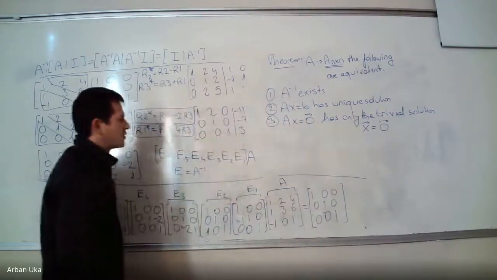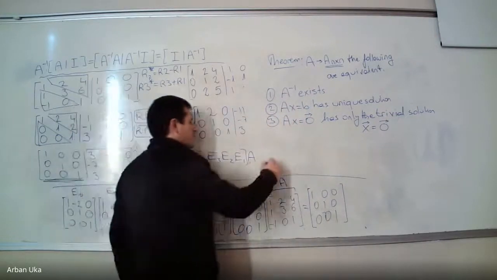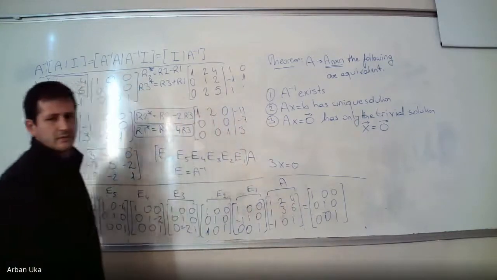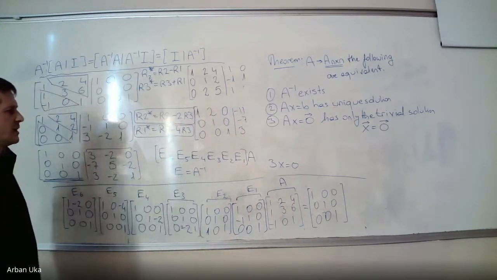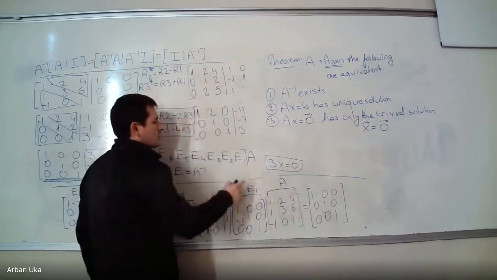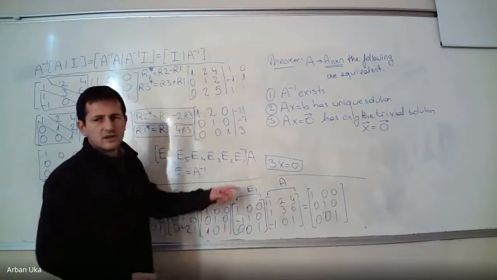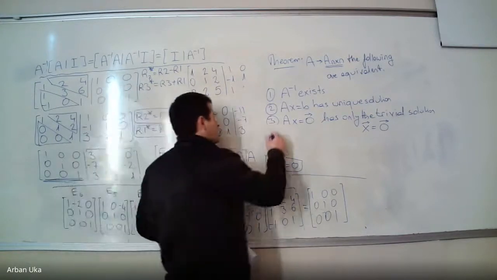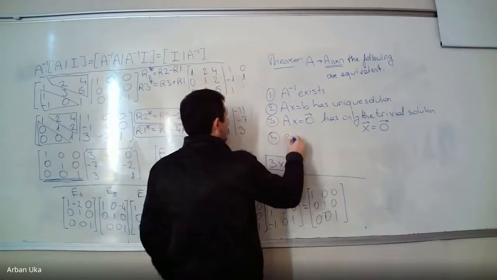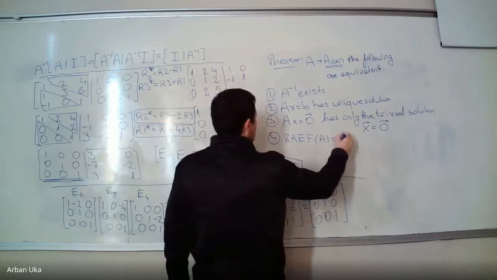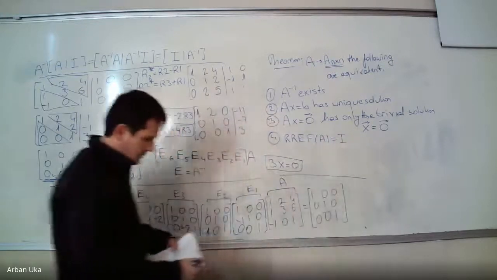It is the same as saying 3x is equal to 0. What is x? It's 0, right? So if 3x is equal to 0, this has only the trivial solution. Now this is the third statement, and the fourth statement is that the reduced row echelon form of A is equal to the identity matrix.